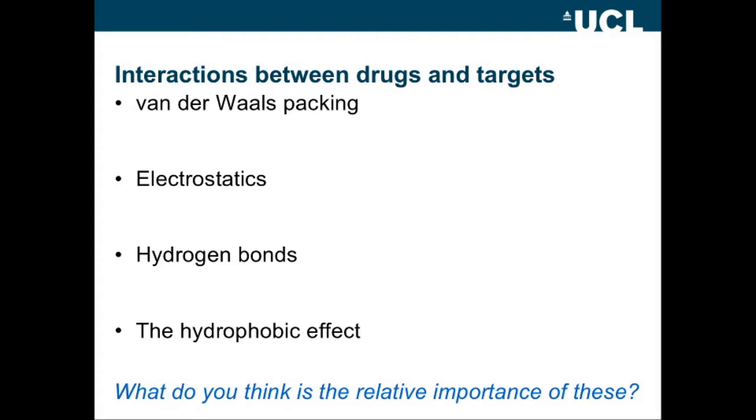So if you have molecule A and molecule B interacting with one another, you can look at the van der Waals packing, the electrostatics, the hydrogen bonds, the hydrophobic effect. And then you need to compare that with molecule A interacting with water and molecule B interacting with water.